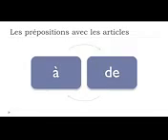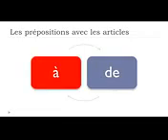So we'll see first les articles indéfinis, un, une, des, and after that les articles définis, le, la, les, and especially we'll concentrate on the way these prepositions react when they are combined with these articles.